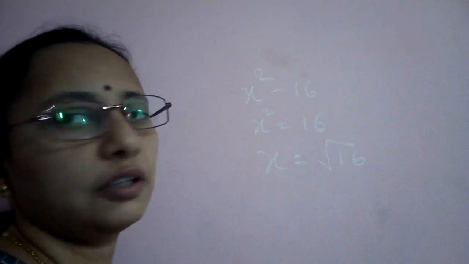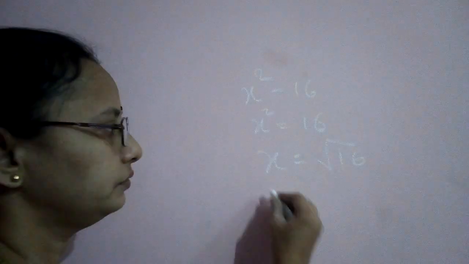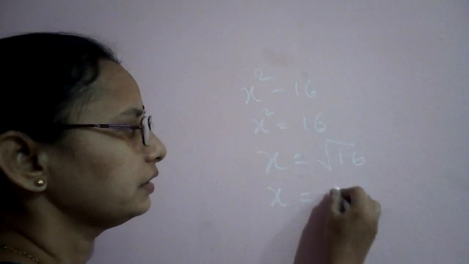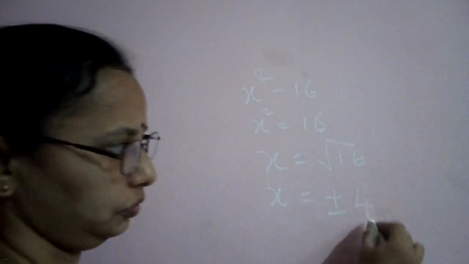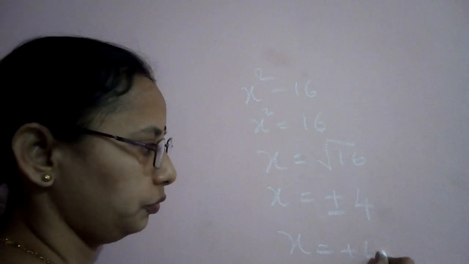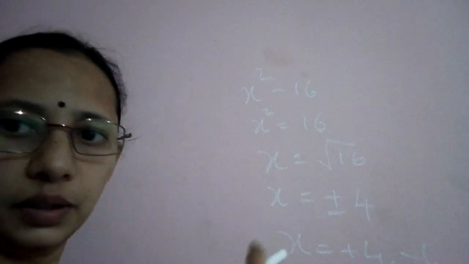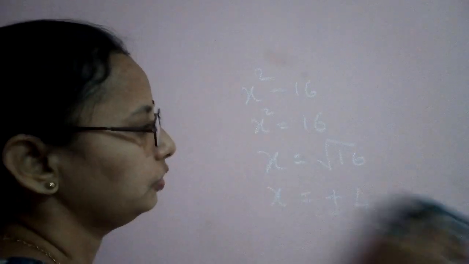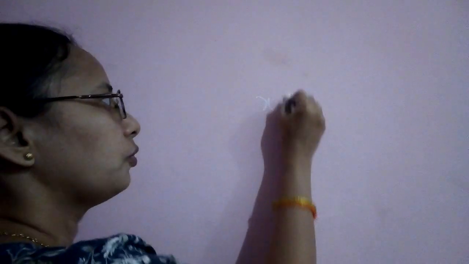As we know, the square root of 16 is 4, and we write it as x is equal to plus or minus 4. The x value can be plus 4 or minus 4.